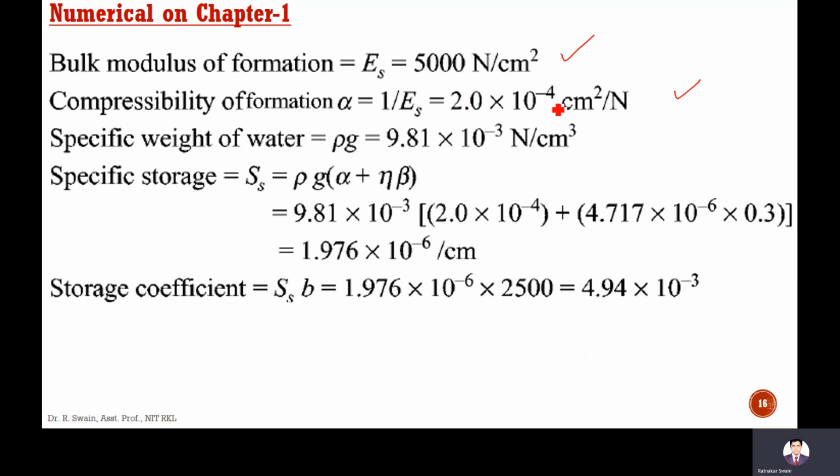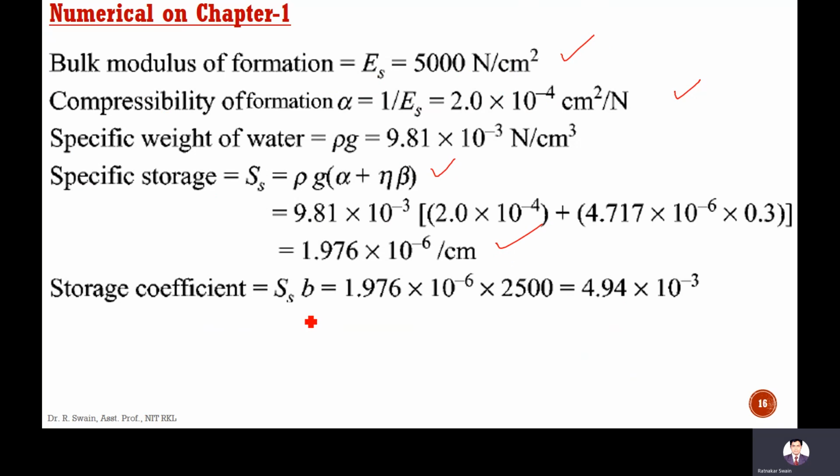It will give you 2 into 10 to the minus 4 cm square per meter. The specific weight of water rho g is 9.81 into 10 to the minus 3 Newton per cm cube. Now in this formula for specific storage, just put the values and we will get the answer.